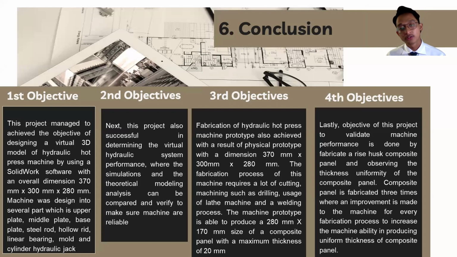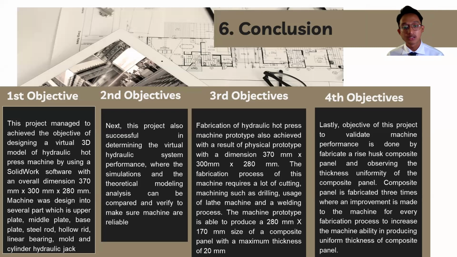And lastly, we're moving on to the conclusion. The first objective is achieved by designing a 3D virtual model of the hydraulic press machine using SolidWorks software. And the second objective is achieved because we are able to determine the virtual performance of this machine by using SolidWorks software and running a static analysis and thermal study analysis.